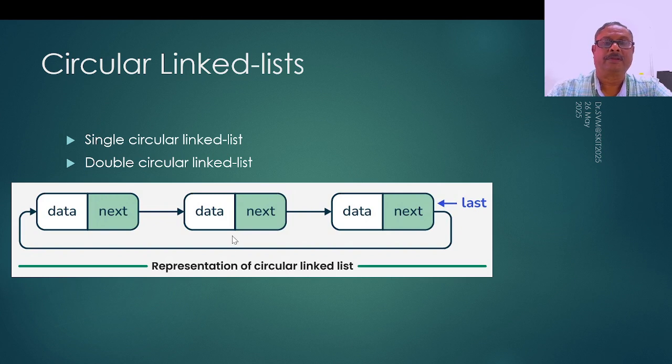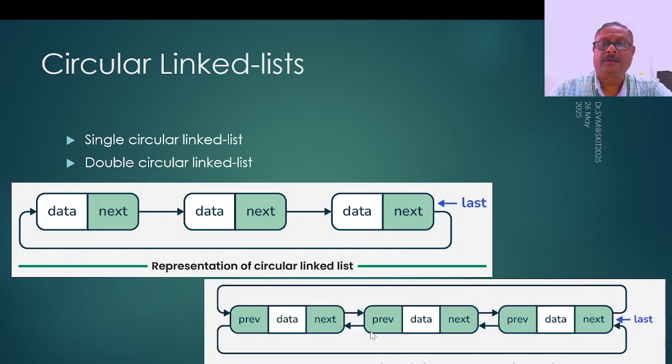So it's circular. And in case of a doubly linked list, the next of the last will be the first one, and previous of the first one will be the last one. So next of the last is the first node, and previous of the first node is the last node.